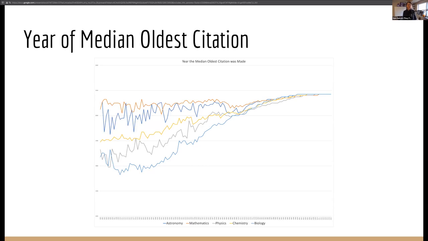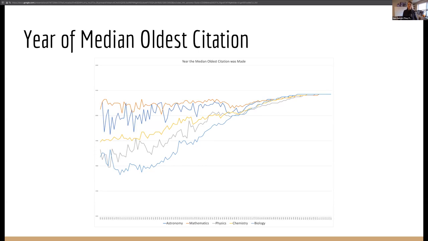And for me, the truly incredible thing of this is just pretty much how flat math's oldest citation year curve is. It's really quite flat. There's only 6 years where the oldest citation is 2005 or below, and the earliest is only 2001. Astro is close, but it has a lot more variability. There's a lot more up and down, and it has more slope.